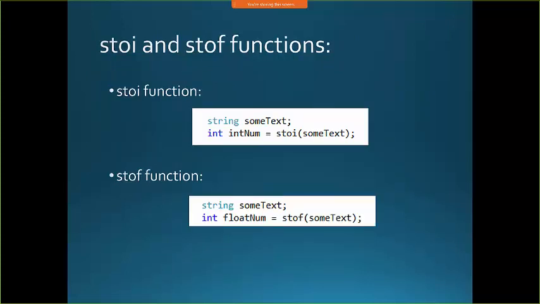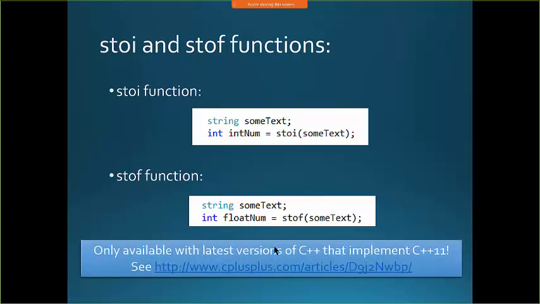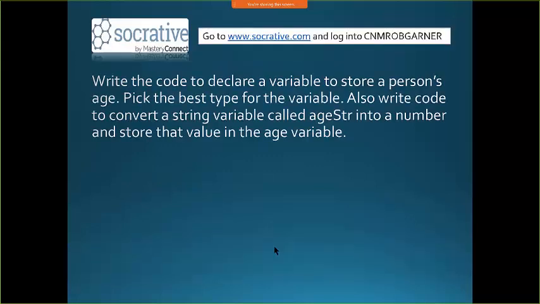Here's an example of converting some text to an integer, and down here some text to a float. The reason we have to show you that is because STOI and the others were implemented with C++11. So the old stuff is still there.